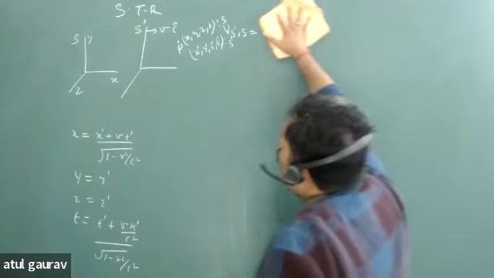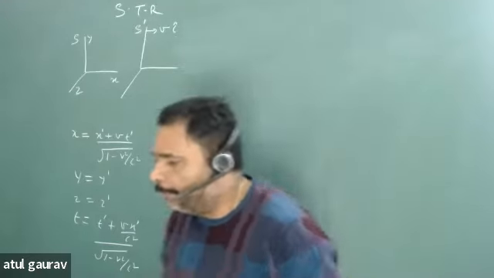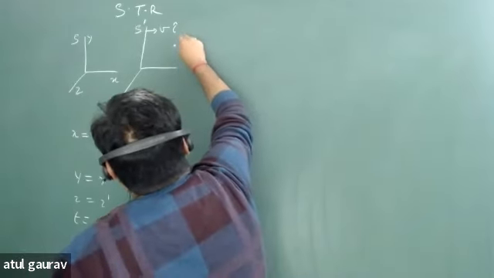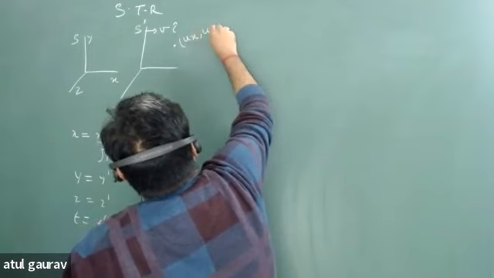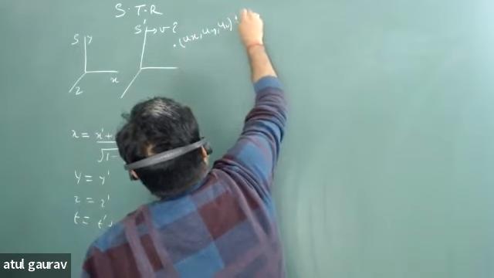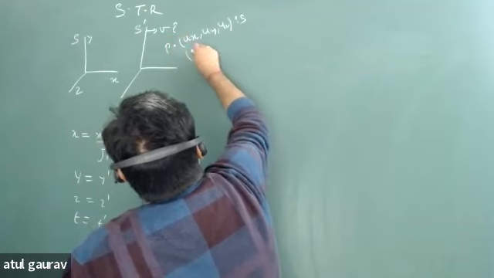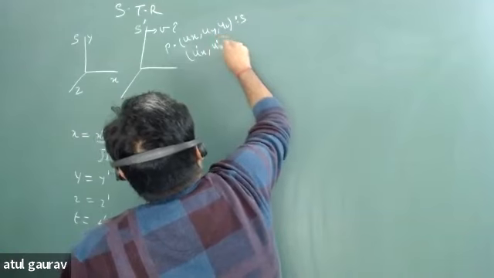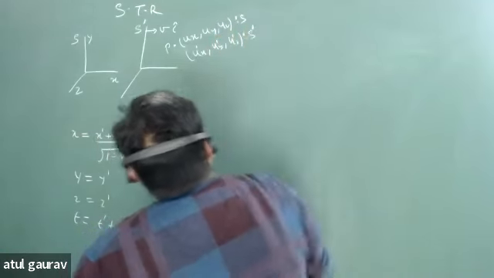Now we have a new scenario, and this point P is moving with the speed ux, uy, uz from the S frame, and the same point is also moving with ux dash, uy dash, uz dash from the S dash frame.